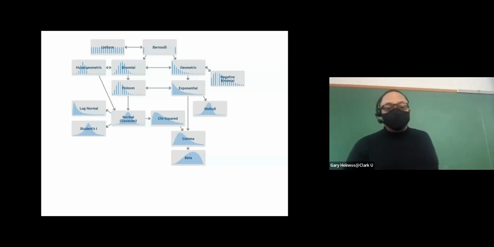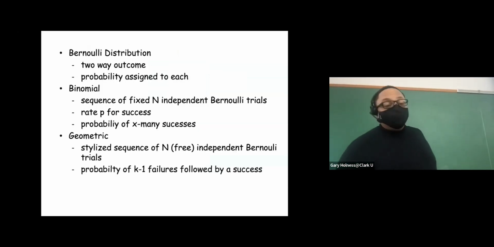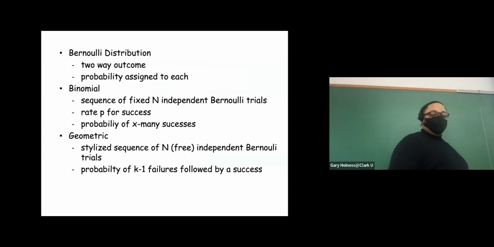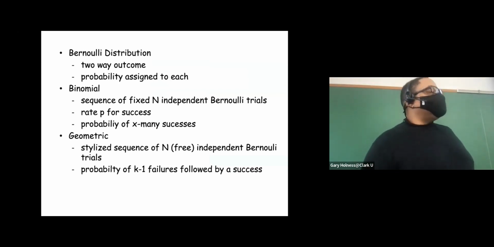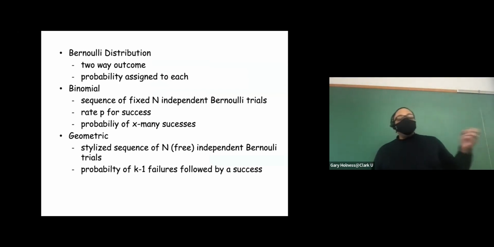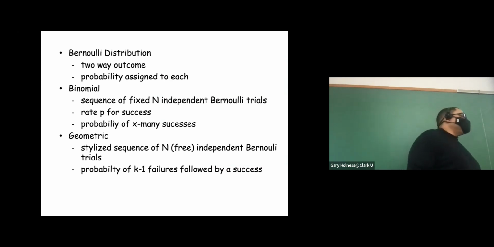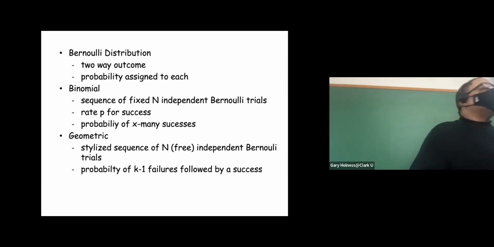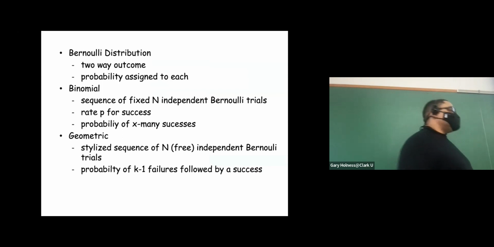And so we talked about a couple of them. In the discrete case, the Bernoulli distribution corresponds to stochastic systems that traffic in two-way outcomes, and there's a probability or a rate of occurrence associated with each of these two-way outcomes. That two-way outcome could be the heads or tails outcome of flipping a coin. It could be picking an ice cream flavor between, say, chocolate and vanilla.